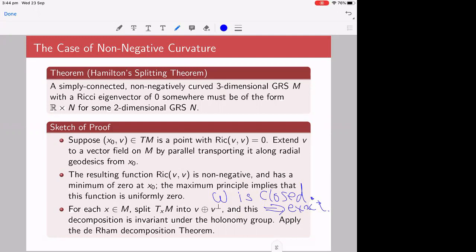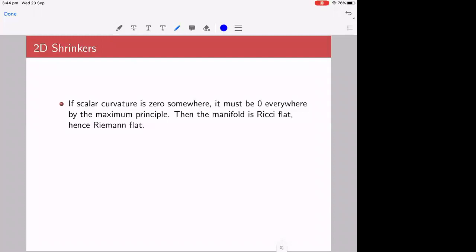So, splitting theorem. Now I think we're in a position to pool everything we've seen and use it to classify the three-dimensional gradient Ricci solitons. The first of these comes from using the maximum principle that we just saw, because if we've got a three-dimensional gradient shrinking Ricci soliton and it splits according to R and a two-dimensional gradient shrinking Ricci soliton, then we need to classify the 2D shrinkers.